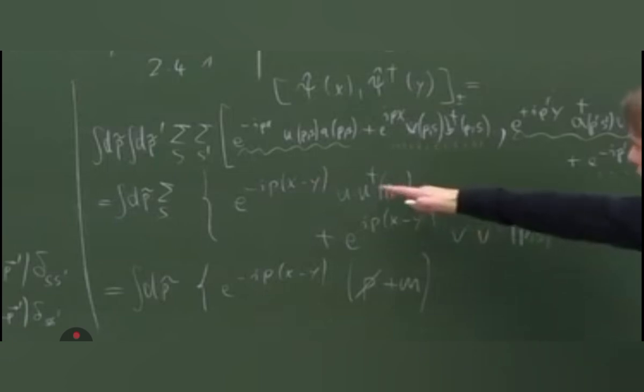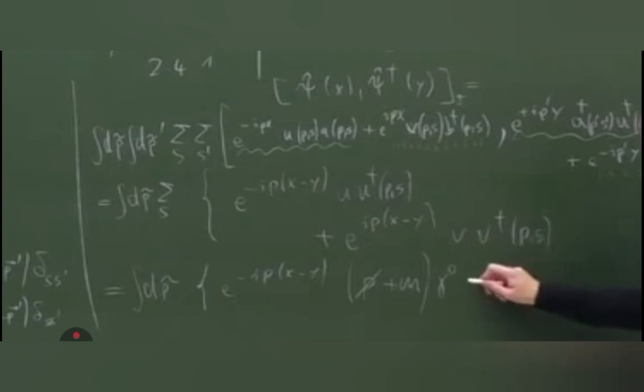This is a completeness relation that you can check, but here it's not u bar but u dagger, so we need to multiply from the right with gamma 0. And here again, the sum over v bar gives p slash minus m. So here we have plus e to the plus I p x minus y times p slash minus m times gamma 0.